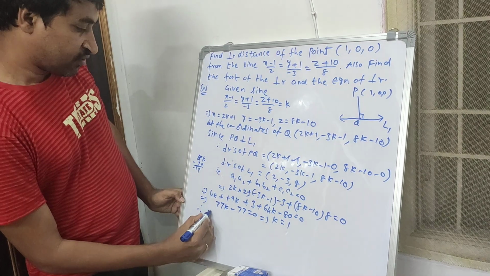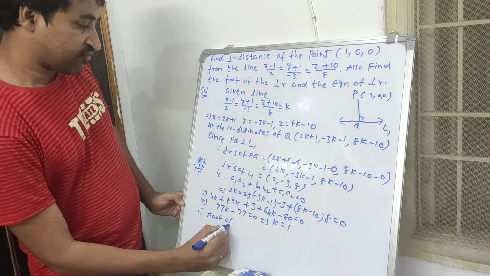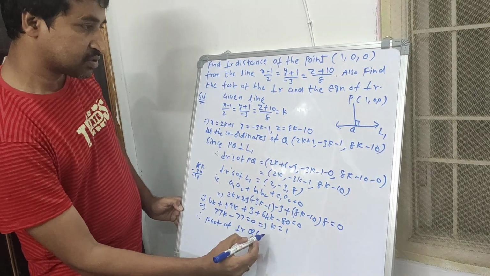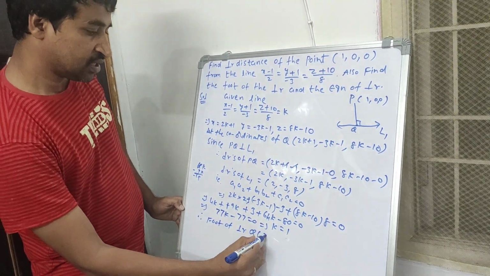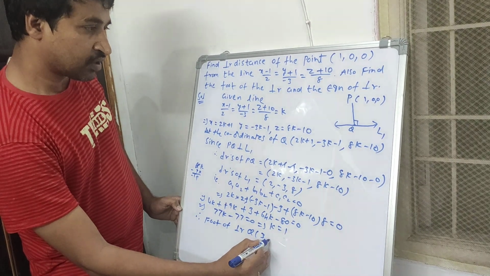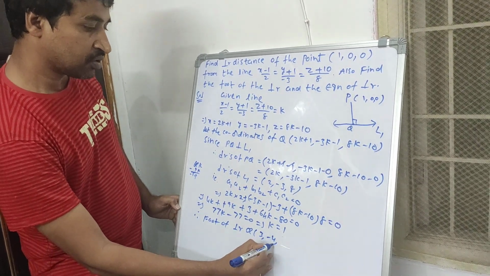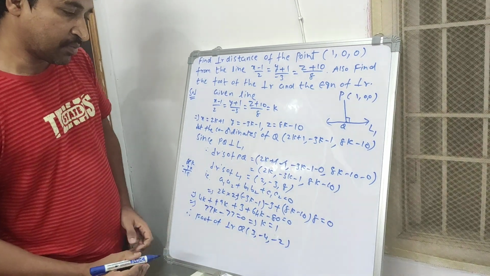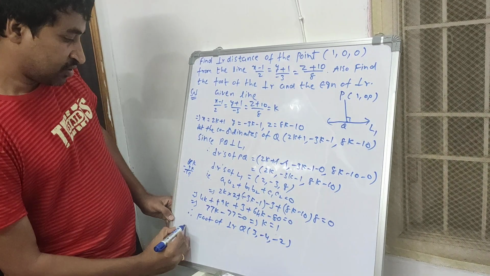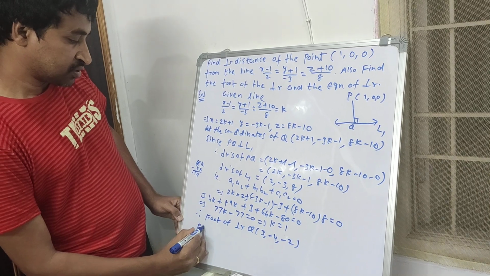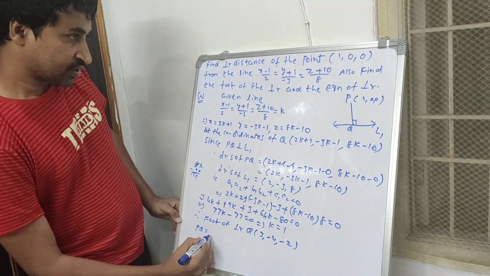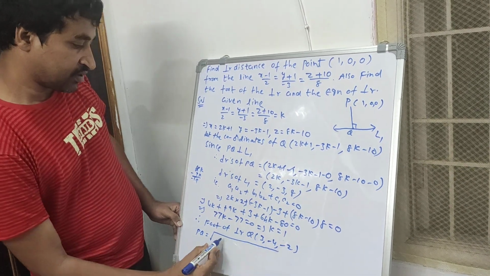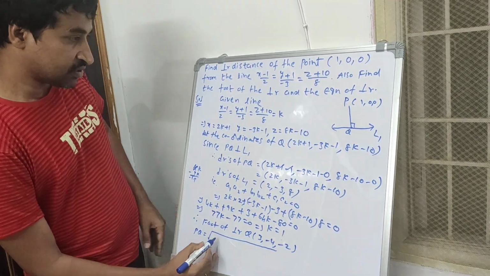Therefore, the foot of the perpendicular is given by (2k plus 1, minus 3k minus 1, 8k minus 10). So 2 plus 1 is 3, minus 3 minus 1 is minus 4, and 8 minus 10 is minus 2. So this is the foot of the perpendicular, Q(3, minus 4, minus 2). Then you can easily find the distance PQ using the distance formula: the square root of (x2 minus x1) squared plus (y2 minus y1) squared plus (z2 minus z1) squared.